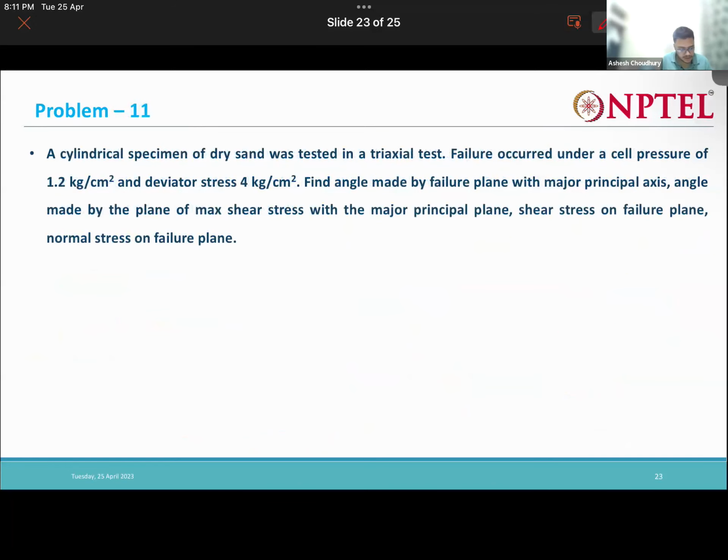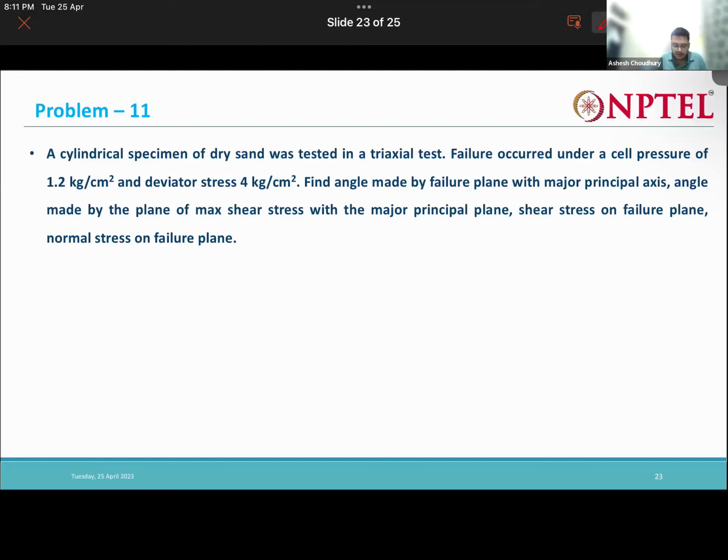Okay. So this is the last problem that we'll be solving for this course today. This problem is from our shear strength chapter, on the shear strength topic. So let us solve this problem. A cylindrical specimen of dry sand was tested in a triaxial test.